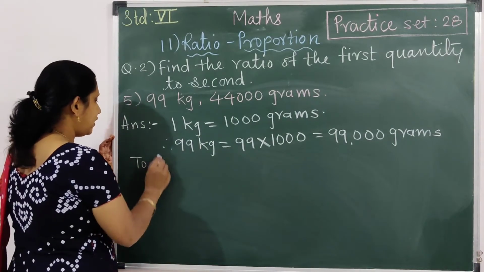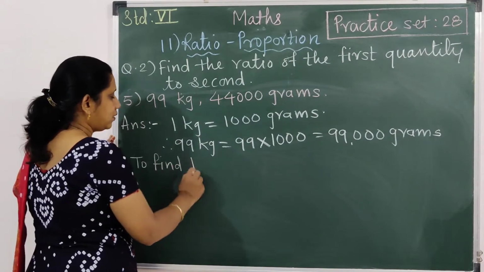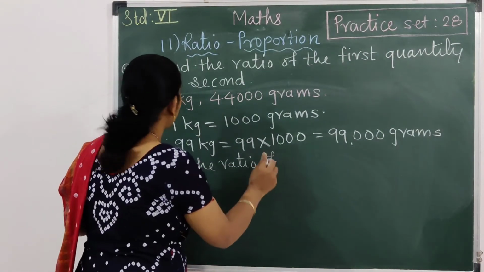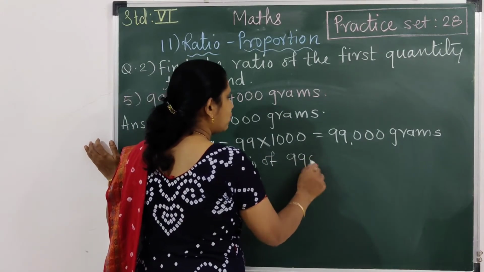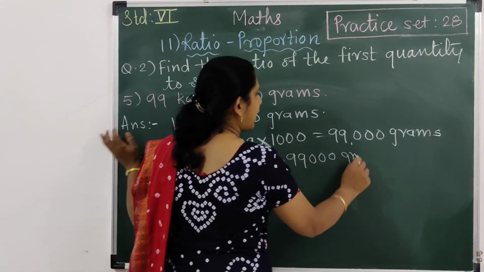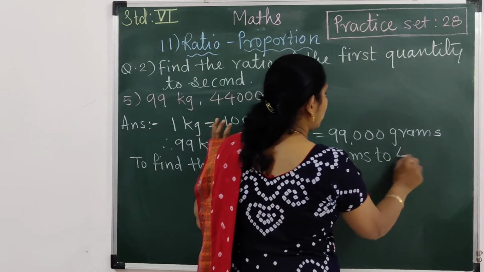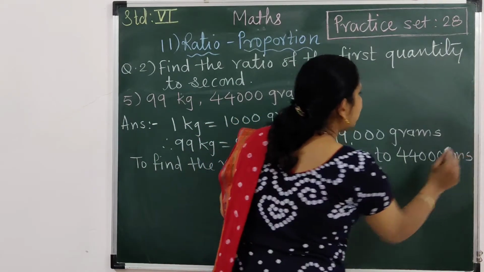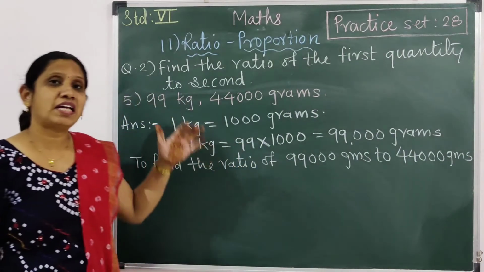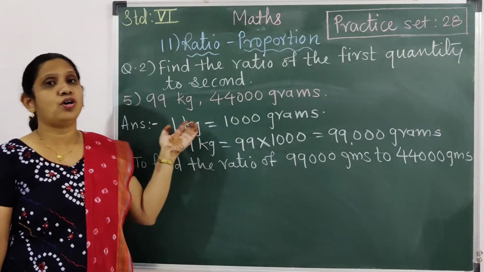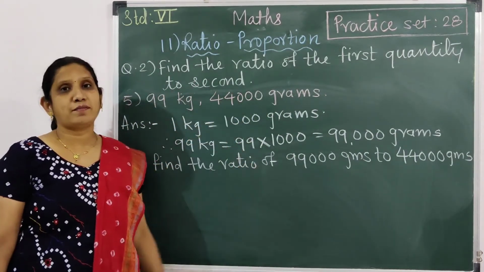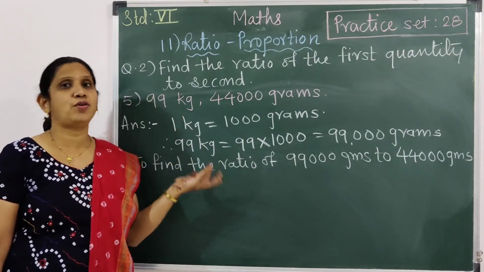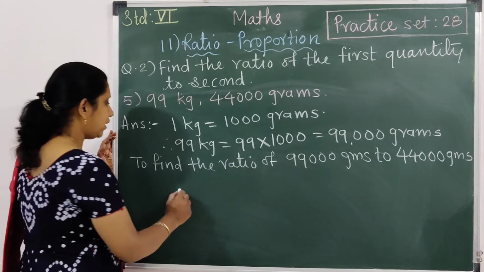So to find the ratio of 99,000 grams to 44,000 grams. See children, you can convert grams into kilogram also. That time you have to divide by 1000, and if we are converting from kg to grams, you have to multiply.